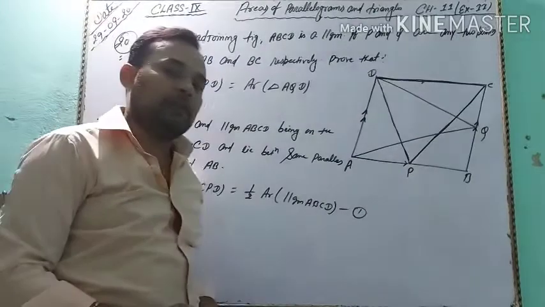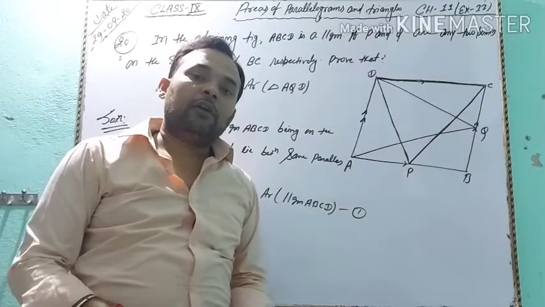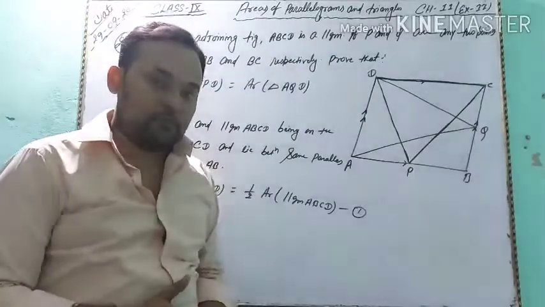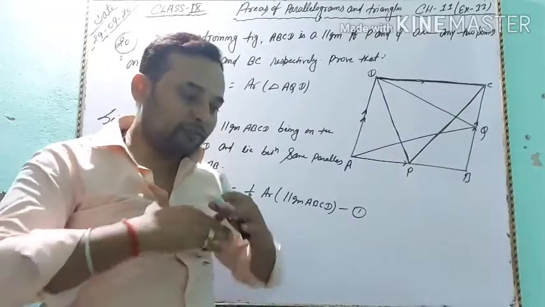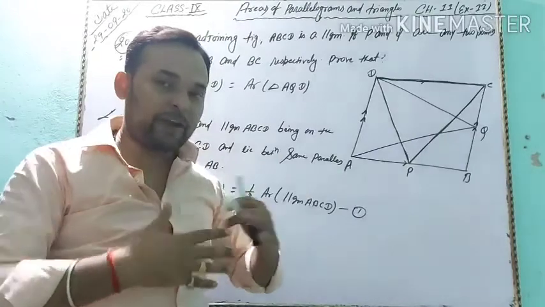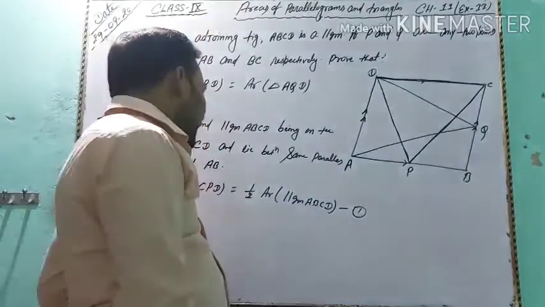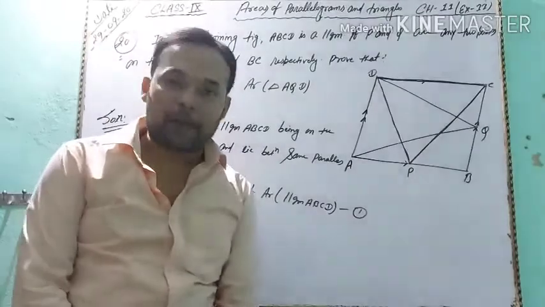Students, we know that if a triangle and a parallelogram lie on the same base and between the same parallels, then the area of the triangle is equal to half the area of the parallelogram.